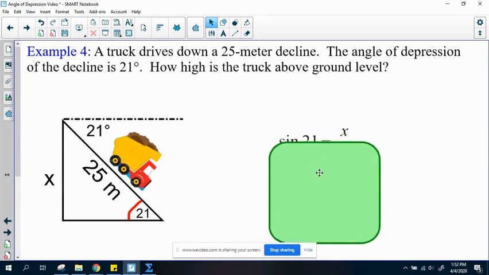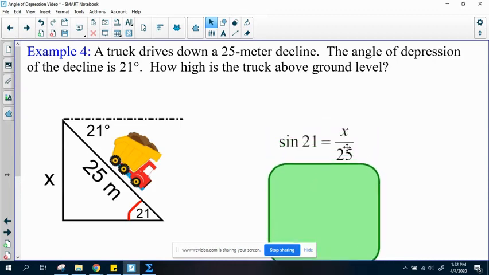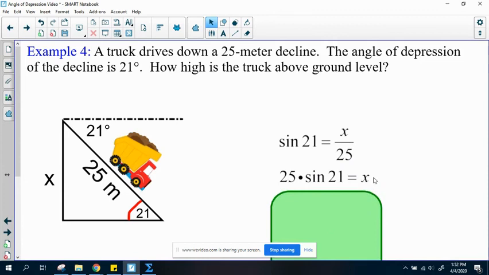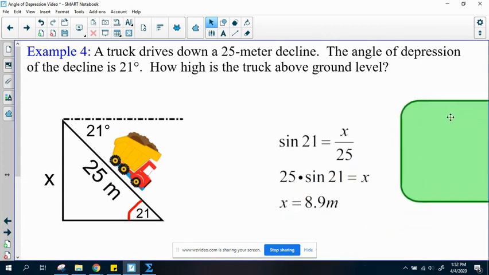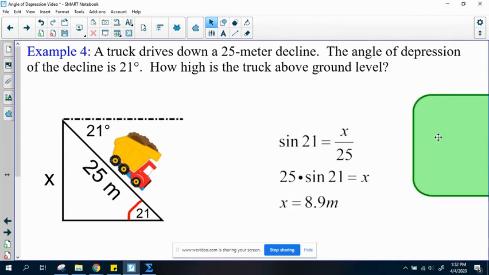I'm going to say the sine of 21 is equal to x over 25, opposite over hypotenuse. I'm going to multiply the 25 up to get x. X is by itself, so I'm just going to type that into my calculator, and I get 8.9 meters. And again, your units just depend on if it's meters, miles, feet, whatever it is. And we're always going to use one decimal place, unless otherwise noted.